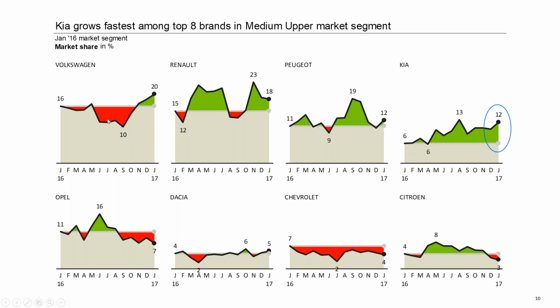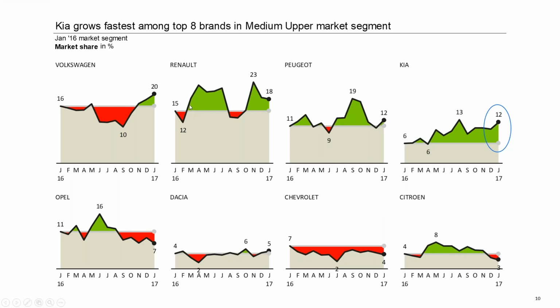This is the simplest type of small multiple, where you have one KPI and then you just repeat it over a group of elements. All right, so this is one.